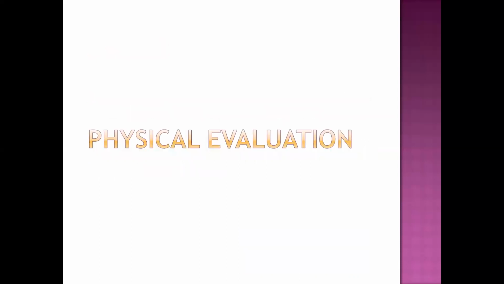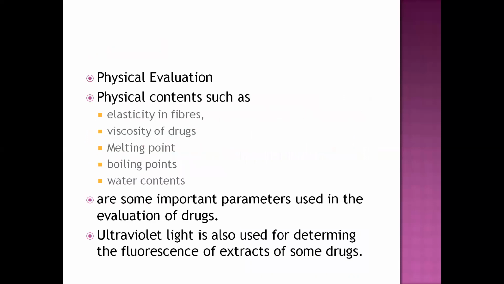Now we are coming to our next method of evaluation, that is the physical evaluation. Physical evaluation means we have to study the different physical parameters, that is the elasticity in fibers, viscosity of drugs, melting point, boiling point, water content, etc. These are some important parameters used in the evaluation of drugs.